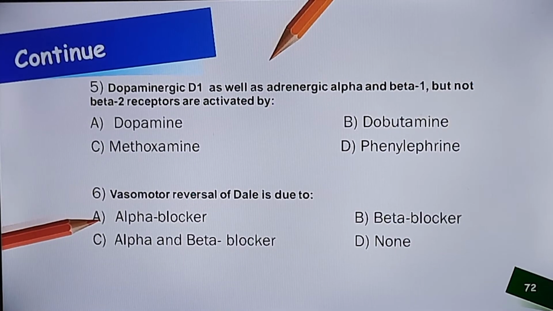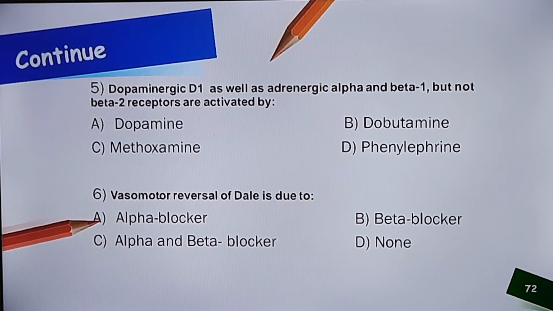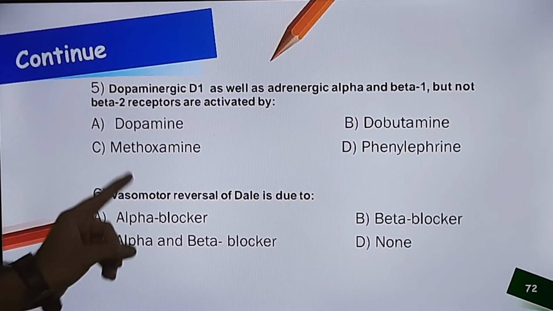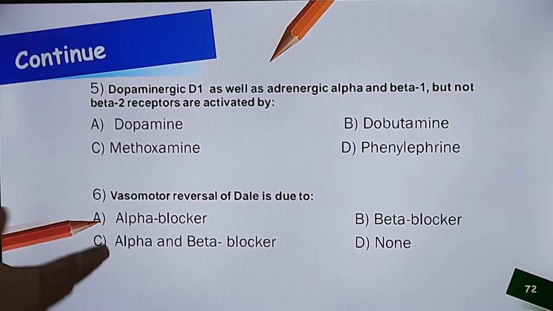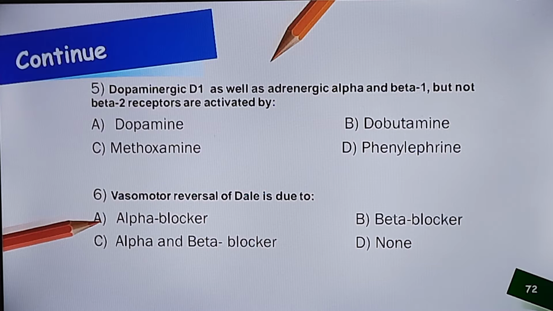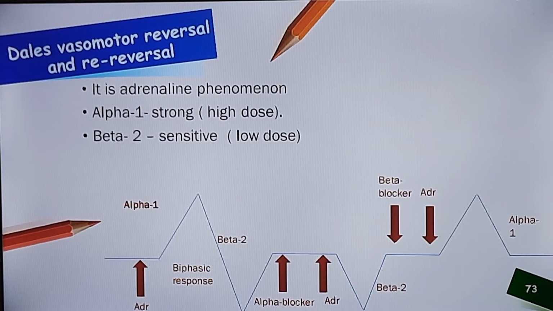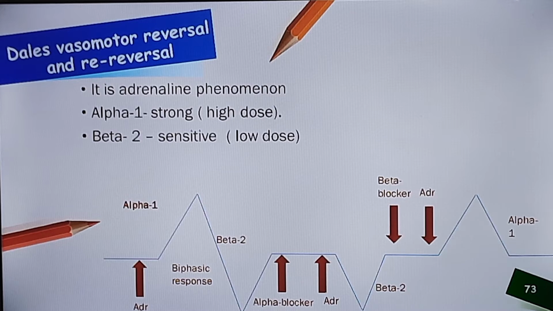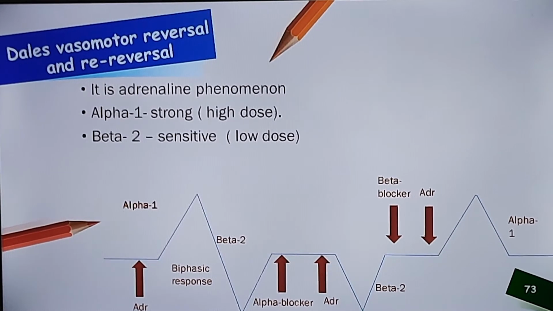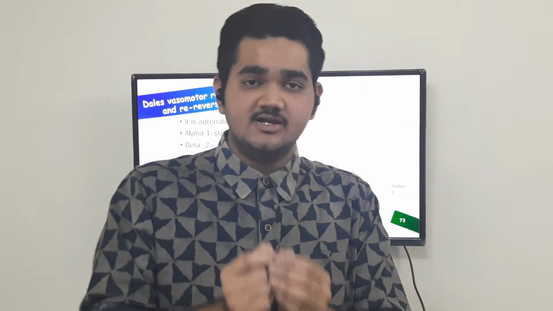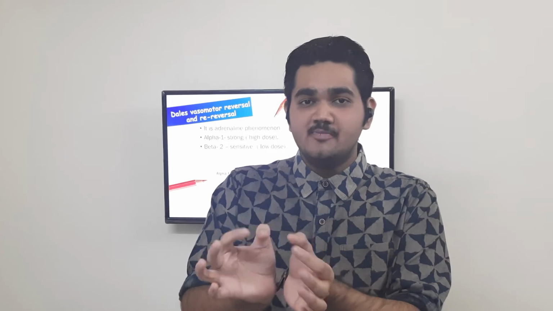Vasomotor reversal of Dale is due to. Our options are alpha blocker, beta blocker, alpha and beta blocker, and option D is none of the above. Now for this we need to understand what we mean by Dale's vasomotor reversal. Remember, Dale's vasomotor reversal is purely an adrenaline phenomenon.